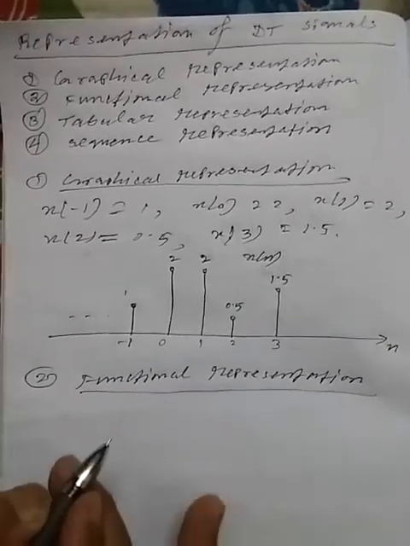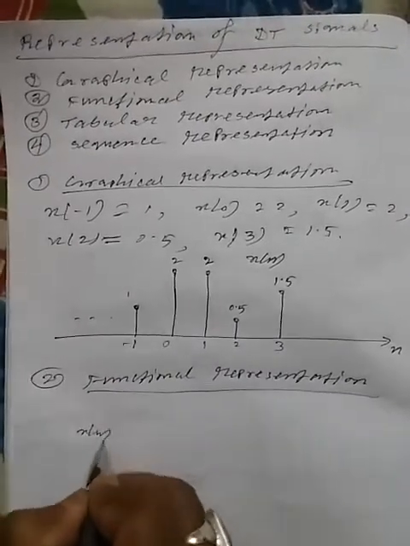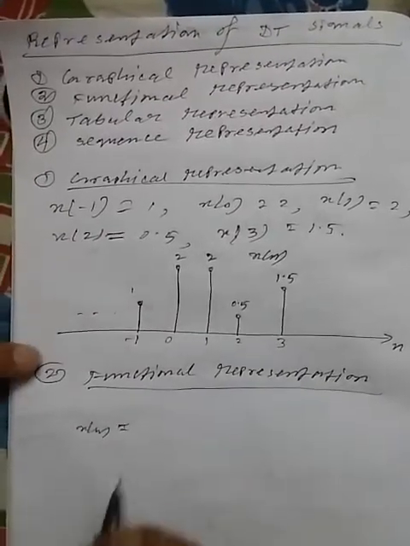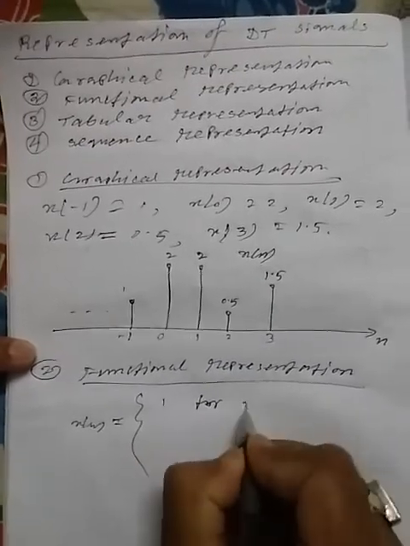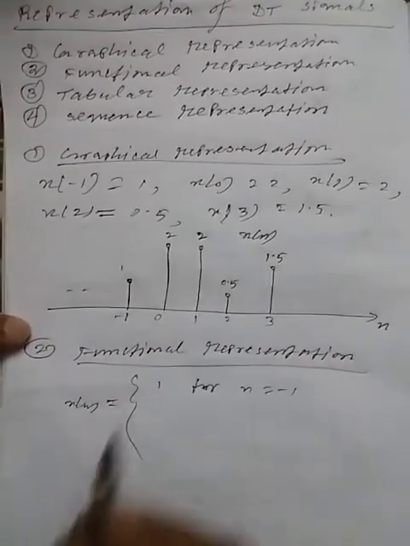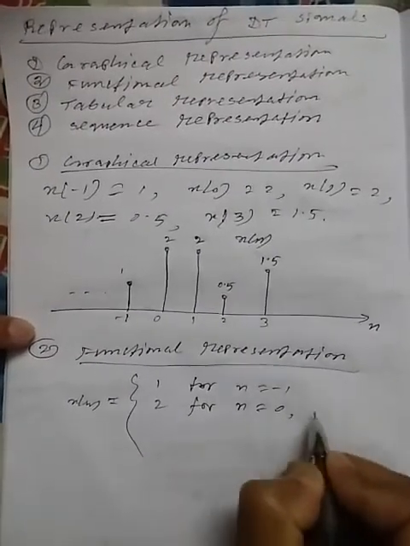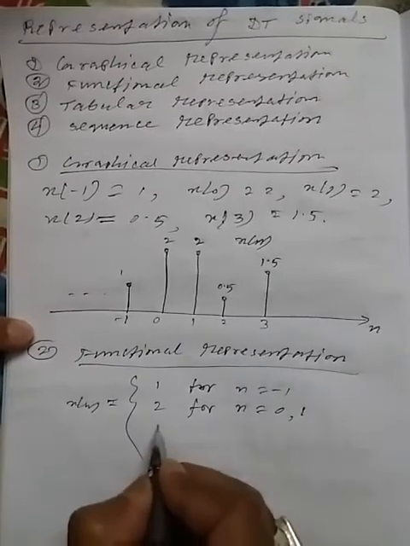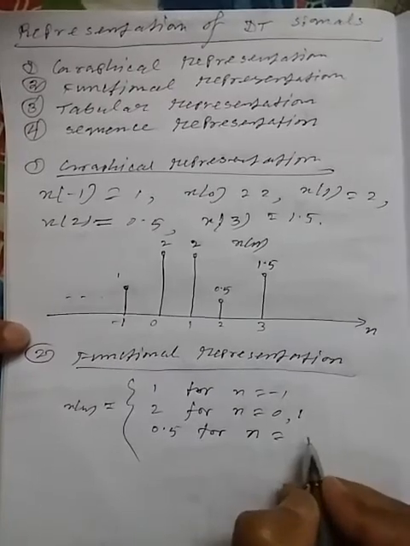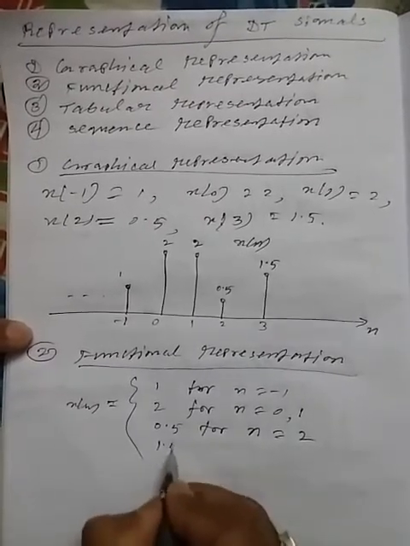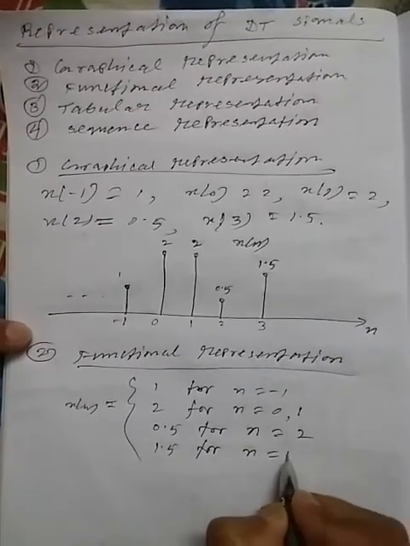Now functional representation. In functional representation, this signal can be represented this way: x of n equal to 1 for n equal to minus 1, equal to 2 for n equal to 0 and 1, equal to 0.5 for n equal to 2, 1.5 for n equal to 3.